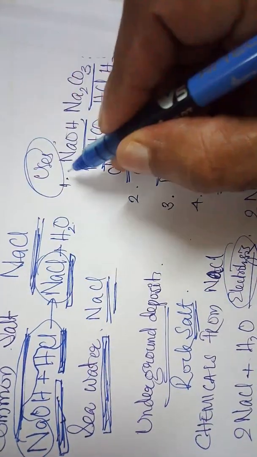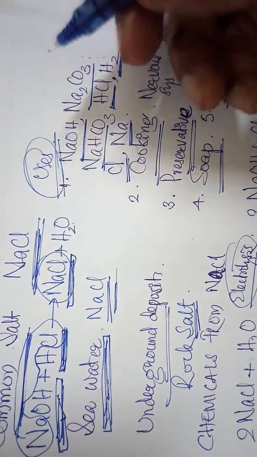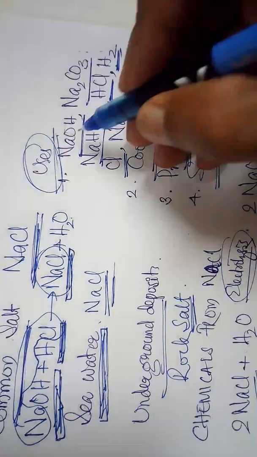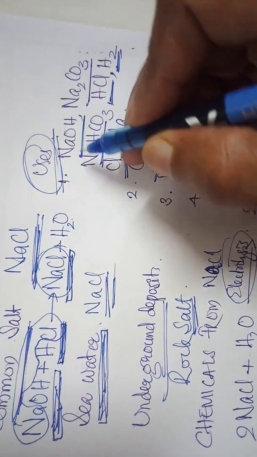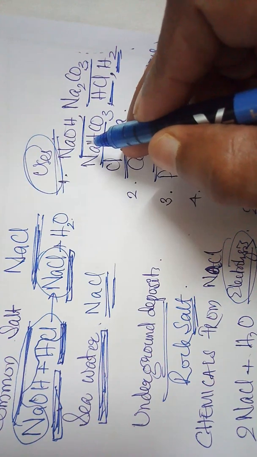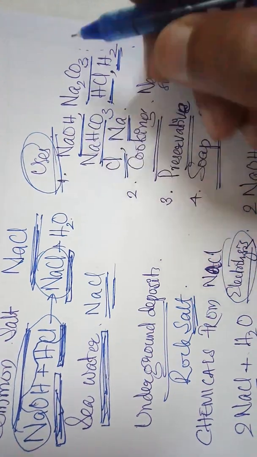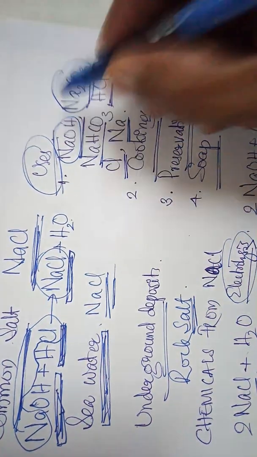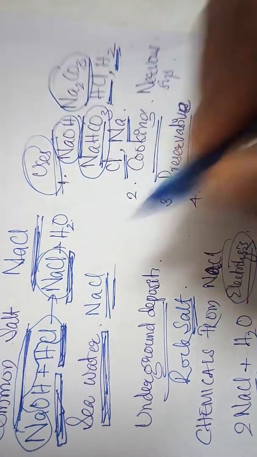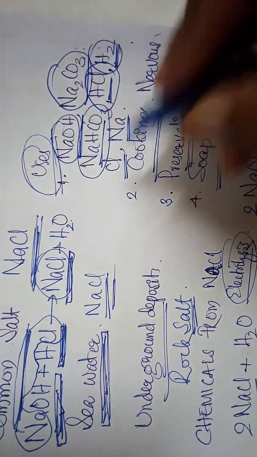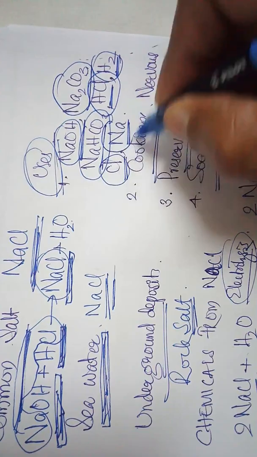Now we have to refer to the uses of common salt. Common salt is used as a raw material for making a large number of useful chemicals in industry, such as sodium hydroxide, sodium carbonate, sodium hydrogen carbonate, hydrochloric acid, hydrogen, chlorine, and sodium metal.